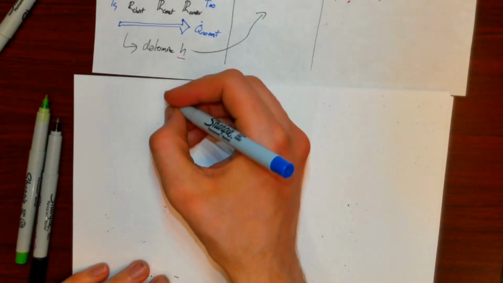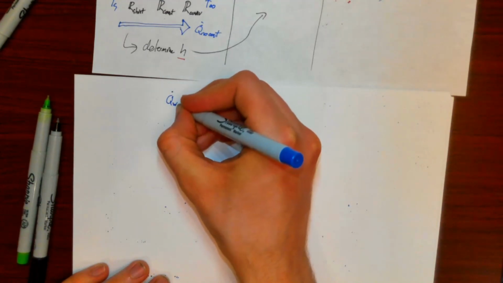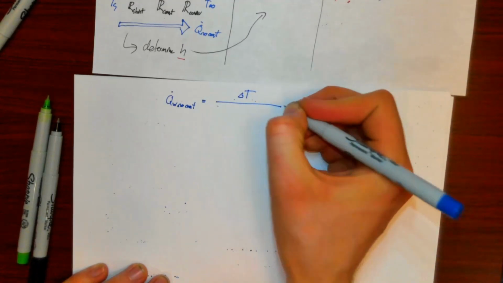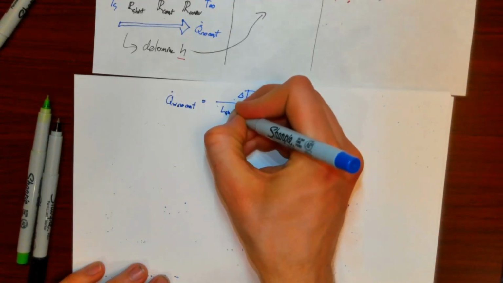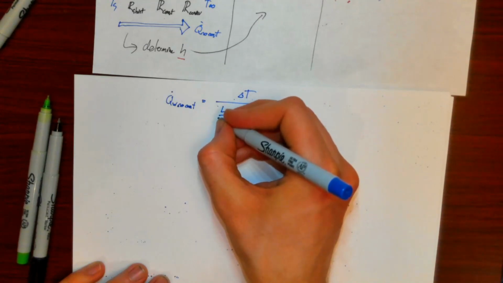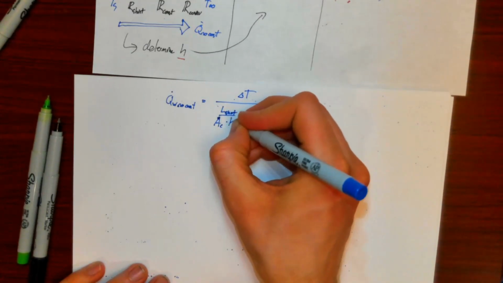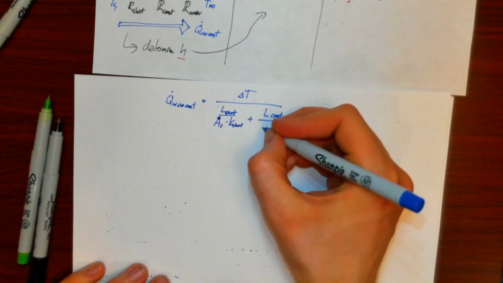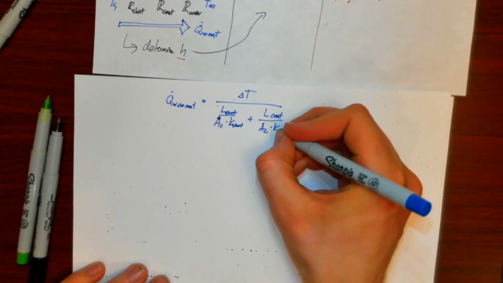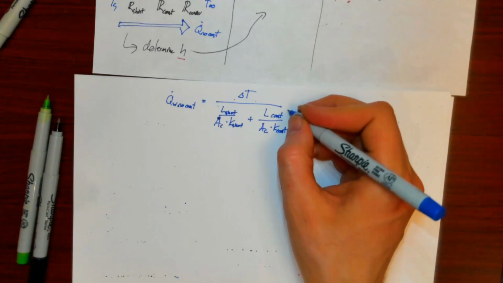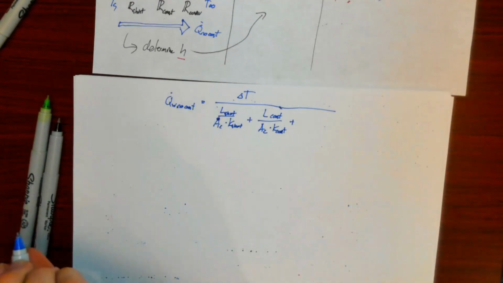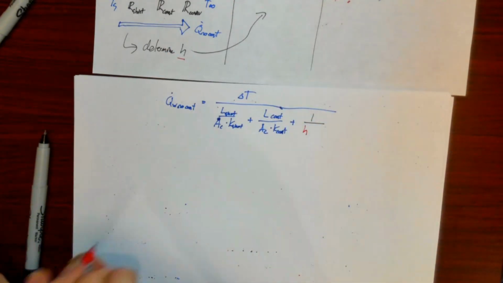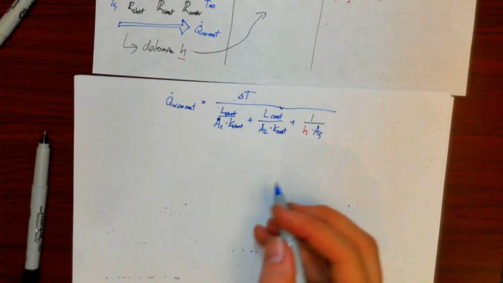Well, my Q dot with no coat is going to be equal to delta T, which is known, divided by L shirt over AC times K shirt, plus L coat over AC times K coat, plus 1 over my as of yet unknown H times AS, which is known.